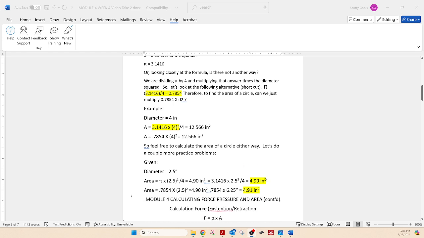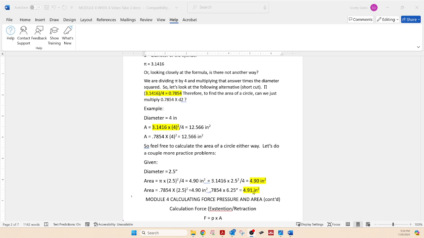So it's becoming widespread. Here's another one. I calculated this out the old-fashioned way, or my old way, all the way out. I think this squared is 6.25, and I got 4.90. But I also did it by multiplying 0.7854 times 6.25, which is 2.5 squared, and I got a hundredth of a square inch different.